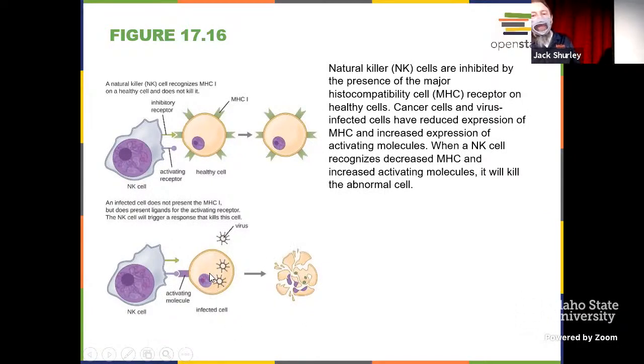So as this cell becomes infected with whatever type of virus, it no longer has the ability to express its MHC1 protein as it should. It doesn't show that fingerprint. It doesn't have that signature that says, I'm healthy. It loses it. And as this natural killer cell is doing surveillance, it recognizes a cell that doesn't have the signature that it's looking for.